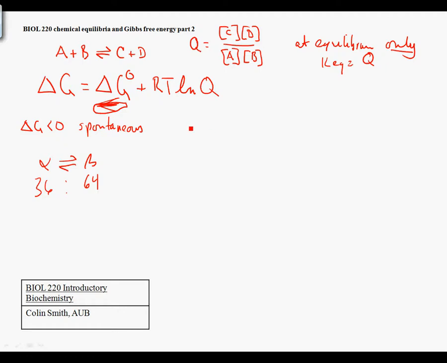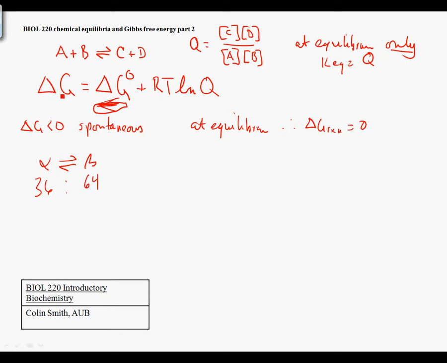So let's go through a little bit of math here. Let's now look at equilibrium. So first we have a way to determine what the delta G naught is of any reaction by allowing a reaction to come to equilibrium. And if the reaction is at equilibrium, then delta G of the reaction is equal to 0.